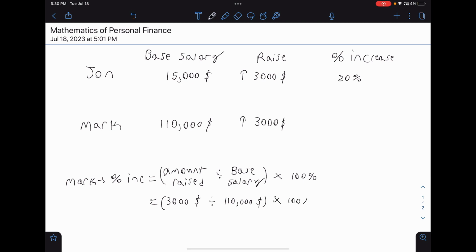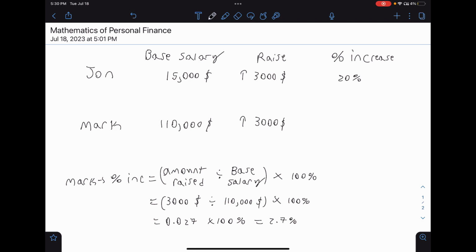So we times that by 100% to turn it into a percentage. What's 3,000 divided by 110,000? So throw that in your calculator, and you're going to get 0.027. That's way smaller than what we've got for John. And when we times that by 100%, we're going to see that it's 2.7%.